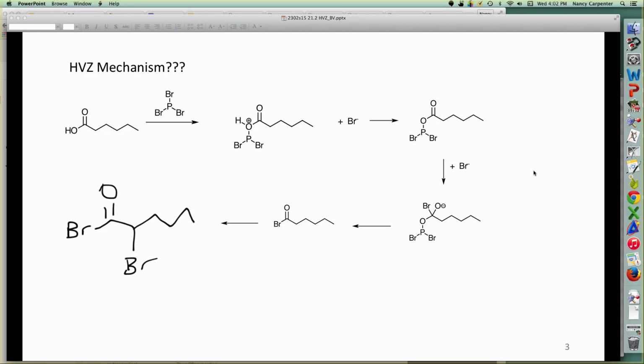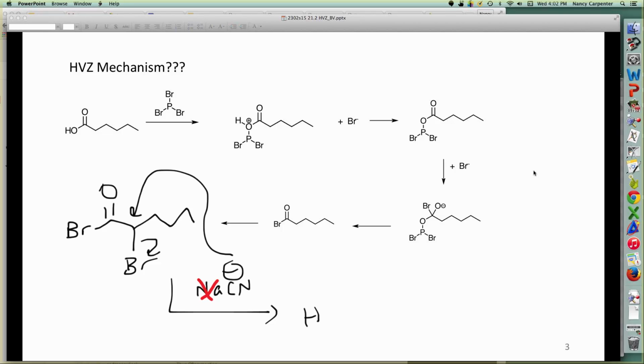alpha brominated acid bromide, react it with whatever I darn well please. I think we'll just, okay, we'll go ahead and add our NaCN, SN2, kicks that bromide out, and then hydrolysis of the acid bromide takes us right to where we wanted to go in the first place.